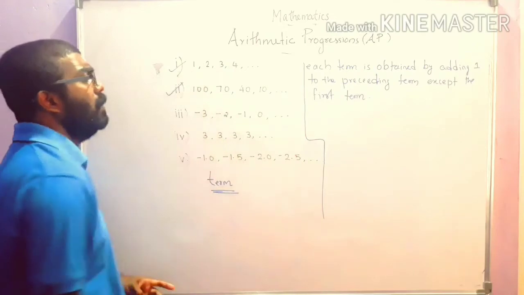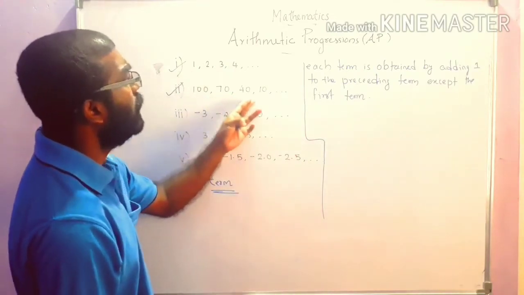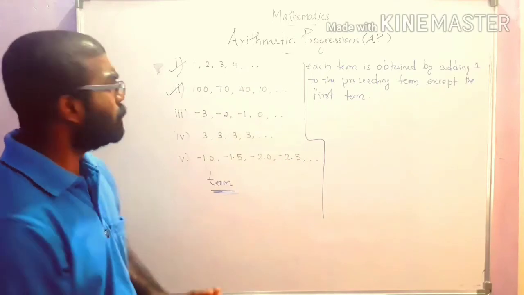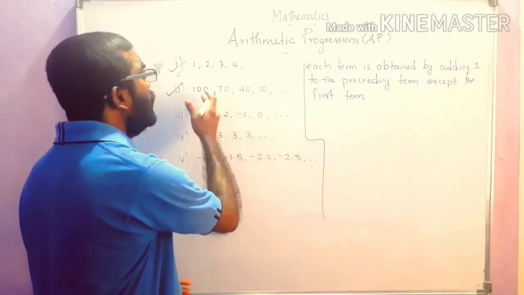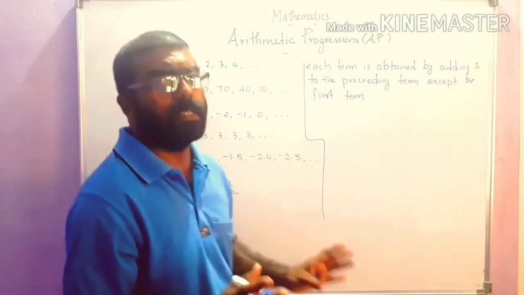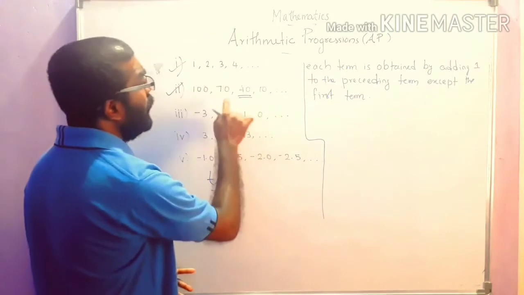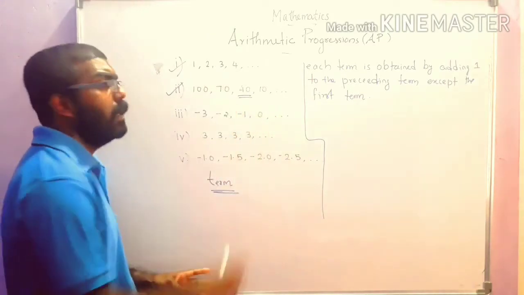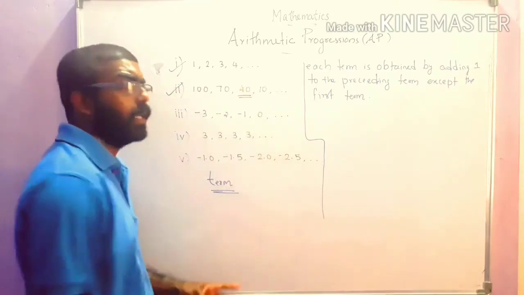And in the second one, 100, 70, 40, 10 and so on, what do you observe? 70 is 30 less than 100. And 40 is 30 less than 70. And 10 is 30 less than 40.